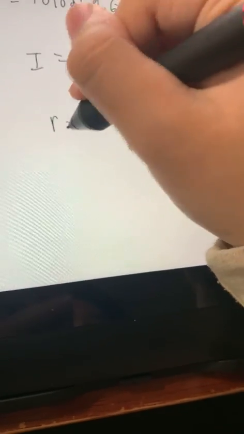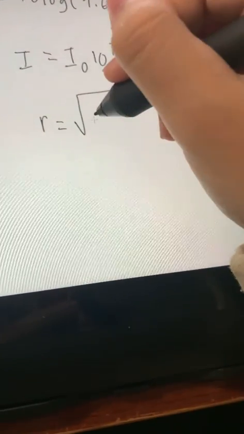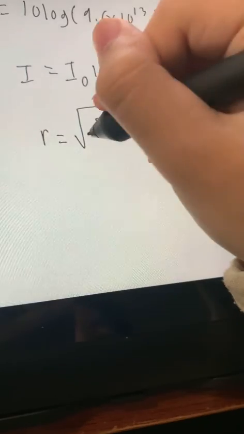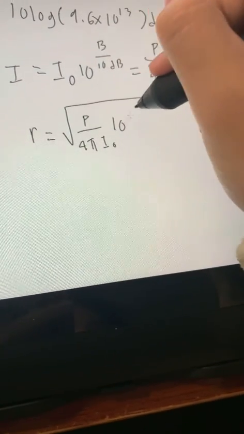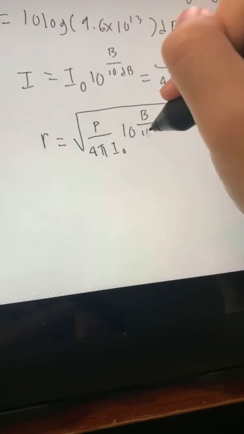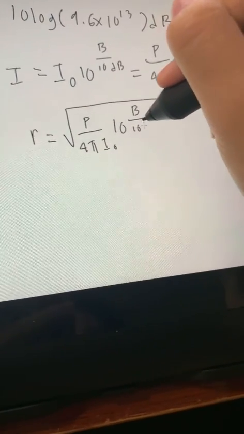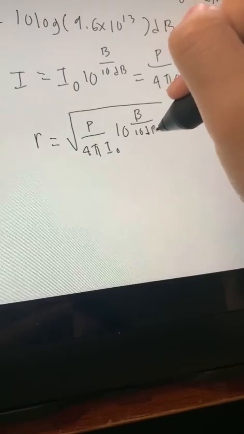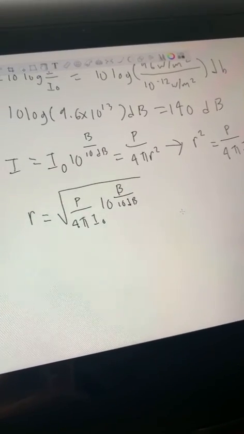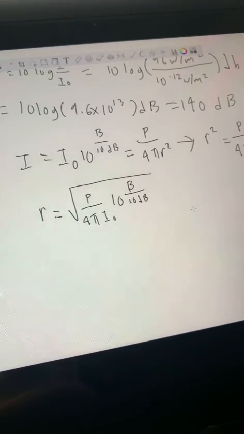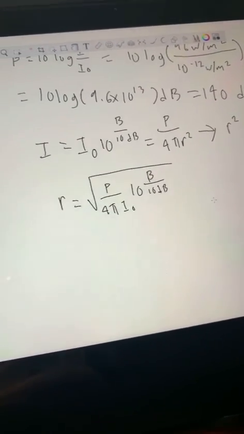And then this can turn into r equals the square root of P over 4 pi I0 times 10 to the power of beta over 10 decibels. Since we are given the peak power and the sound intensity to rupture the human eardrum, we can just plug in the values to get the final measurement.